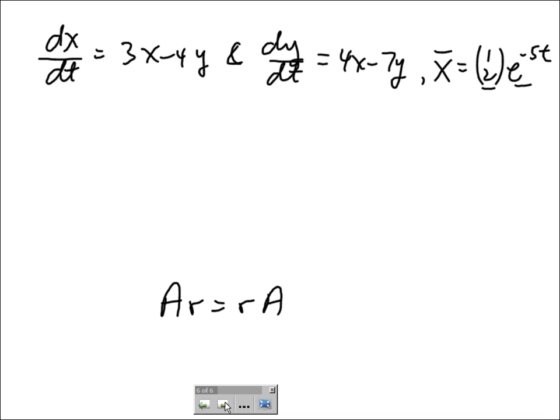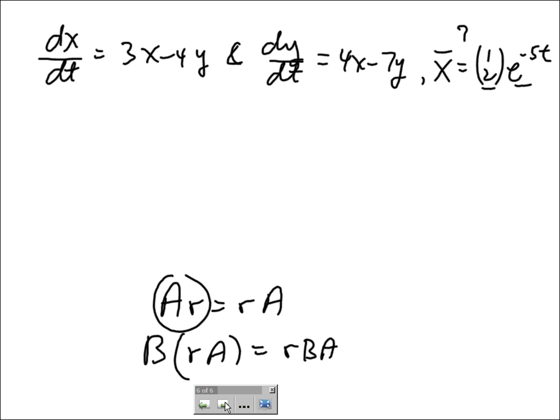So here we have a matrix times the scalar. I can put the scalar in front of the matrix. And another thing is, if you have matrix B and you're multiplying by RA, which is the same as AR, you can multiply B and A first, those two matrices, and then scale it by the R. So we want to verify that that's the solution to x prime is equal to Ax. That's what we want to know.